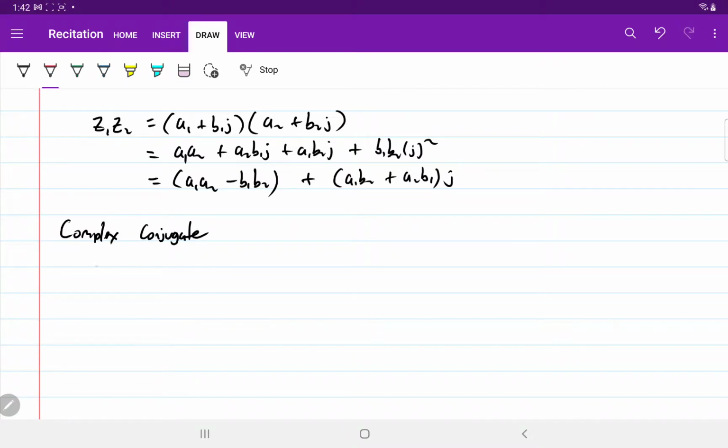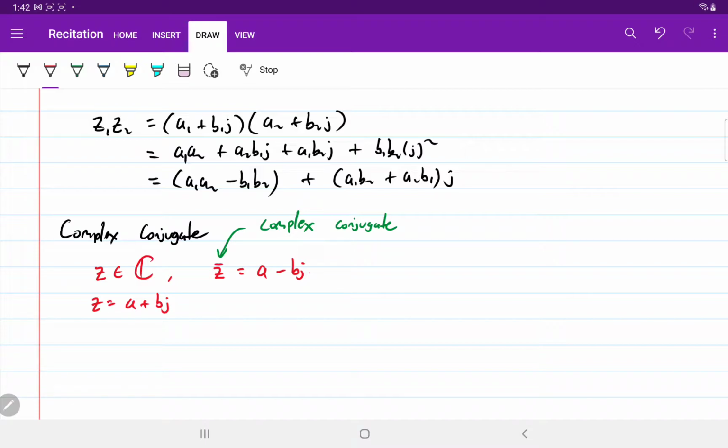Say I have a complex number z, then z bar is its complex conjugate. Say that z is a plus bj, then z bar is a minus bj.